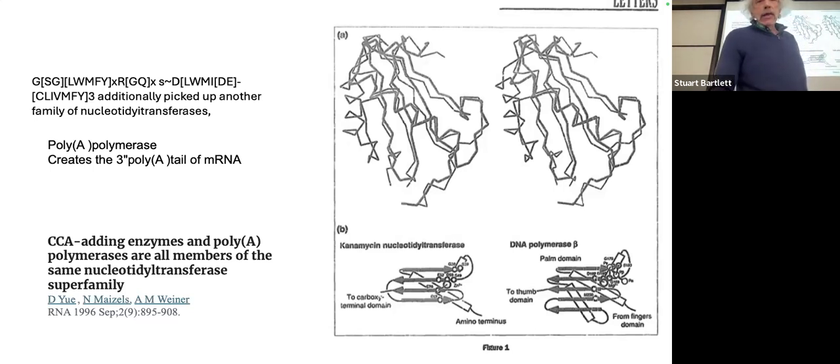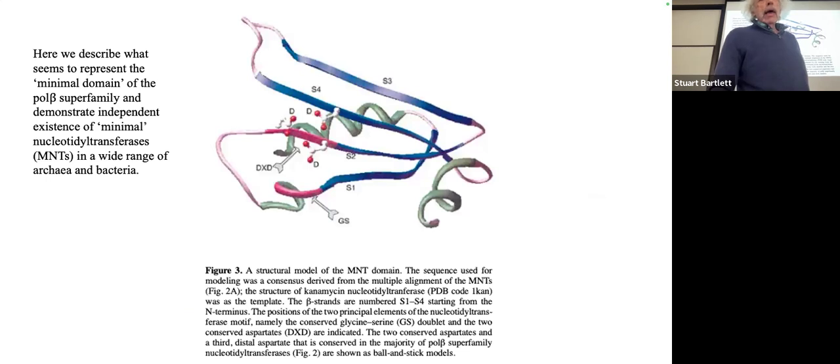And the CCA enzyme is something I'm going to go into in a minute, but I'm going to show you that this system that was picked up with the DNA polymerase beta belongs to a vast family of nucleotide transferases.